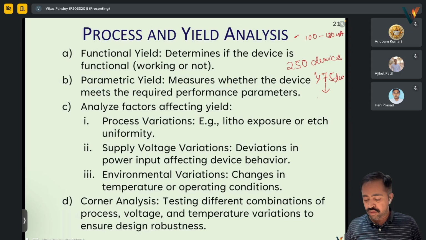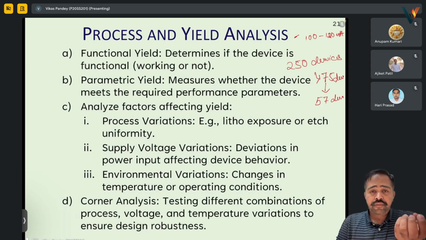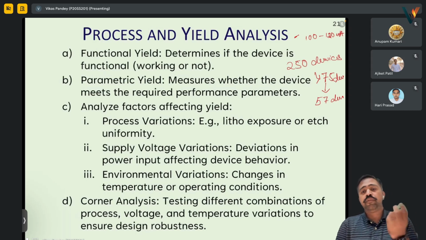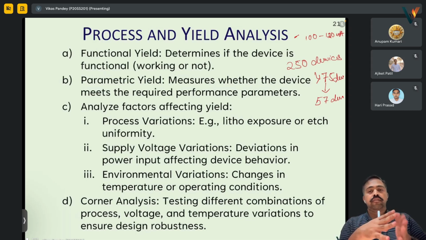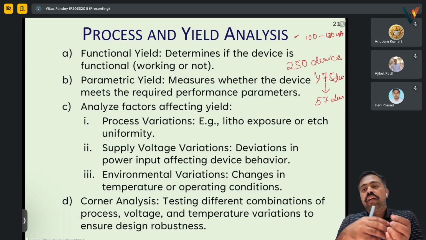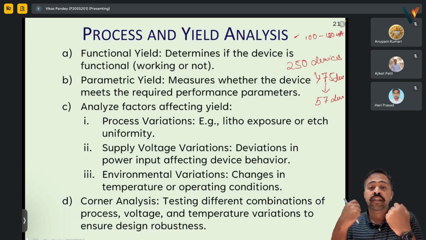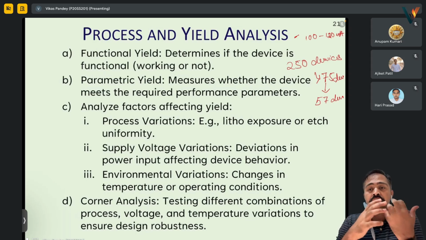And say we got 57 devices. So we'll say the perfectly performing, although in the case of parametric yield there will be different categories, like some devices with 5% error, some devices having 5% variation, 10% variation, 20% variation from the designed parameters.